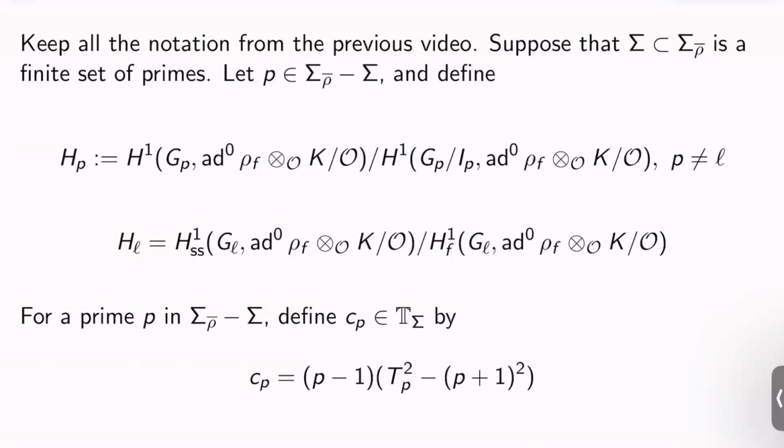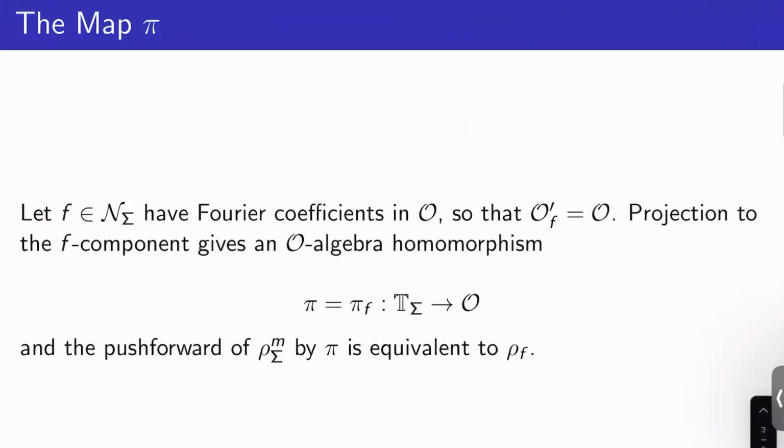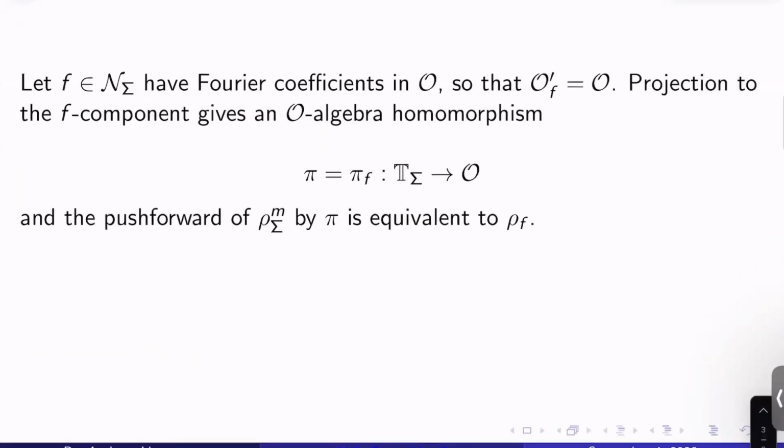Okay. For a prime P in sigma rho bar minus sigma, you can define CP in the Hecke algebra T sub sigma by P minus 1 times quantity T squared P minus P plus 1 squared. Now, we defined this set of newforms N sub sigma over the last couple of videos.